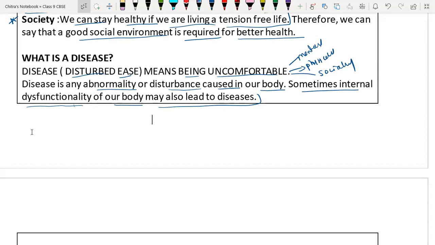It is not functioning properly, like there is a disturbance in the functioning of an internal organ, such as the heartbeat, respiratory system, or digestive system. If the normal functioning of any particular system gets disturbed in the body of the organism, it leads to disease.